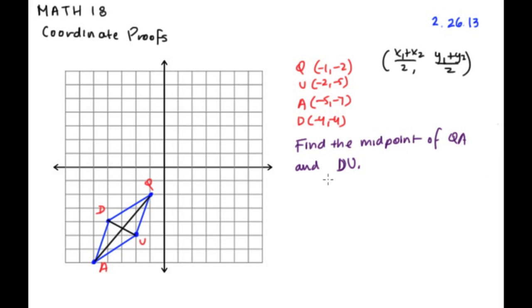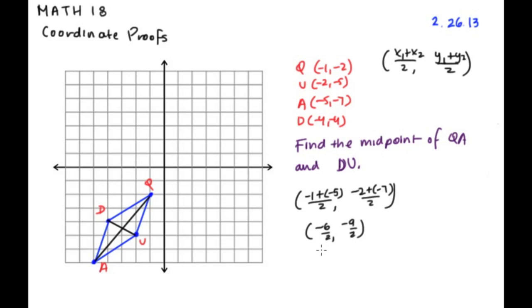So let's do QA first. So QA would be -1 plus -5 over 2, comma, -2 plus -7 over 2, close parentheses. That's -1 minus 5, -6 over 2, and this is going to be -9 over 2.